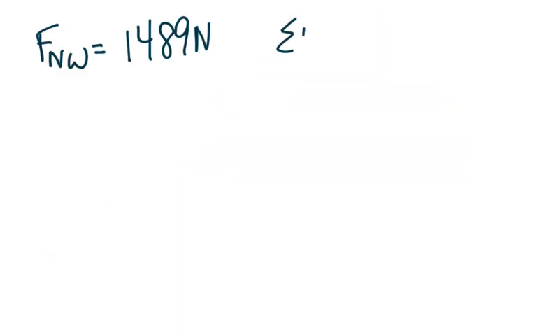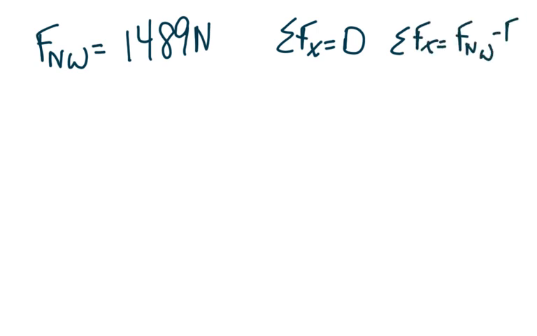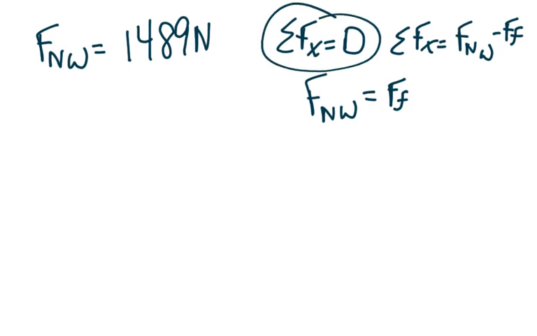So the sum of the forces in the x direction have to equal 0. The sum of the forces in the x direction are that normal force from the wall minus the frictional force. So the normal force from the wall has to equal the frictional force. You have to justify this in some way. This is your justification, saying that you know that your total net force has to equal 0. So the frictional force has to equal 1,489 newtons.